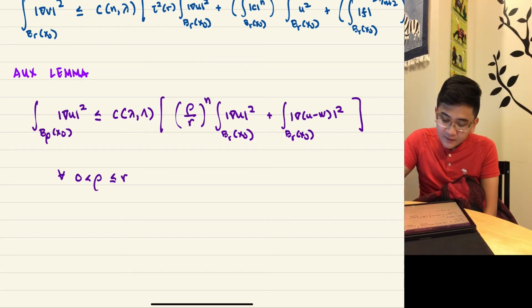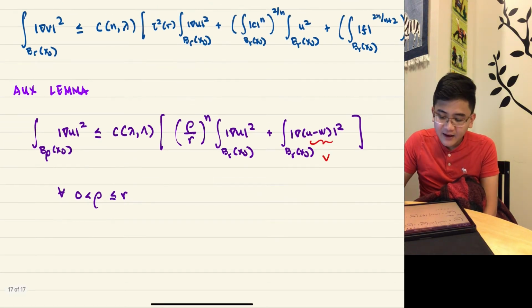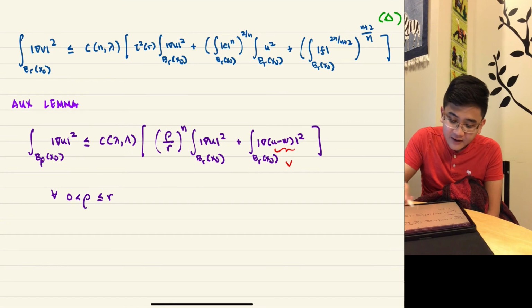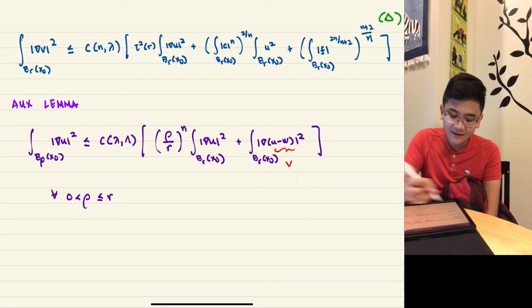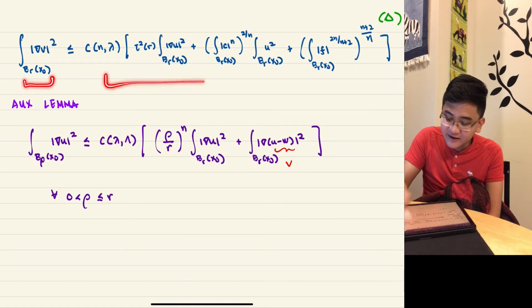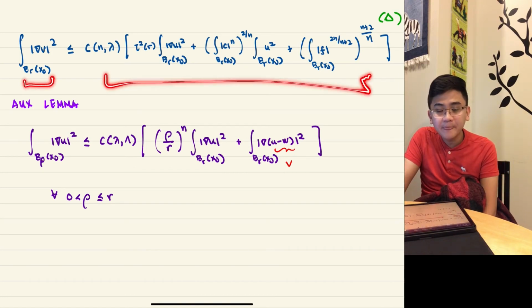Okay. Now in our case, this is V, and what we have so far is I know how to control this. I know how to estimate that. The estimate is this long thing here. Okay.